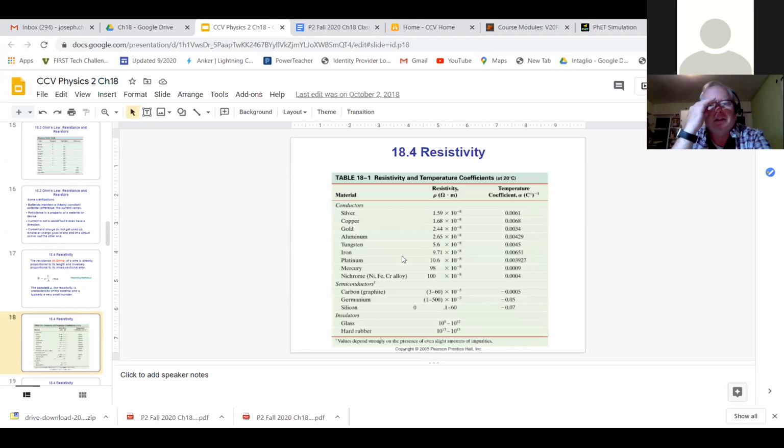So here's some resistivity values, and we measured resistance of your skin in our first hybrid session. You can see that good conductors are all metals, of course. They're also good conductors of heat. We talked about that before, because conduction electrons are the primary vehicle for thermal conduction as well.